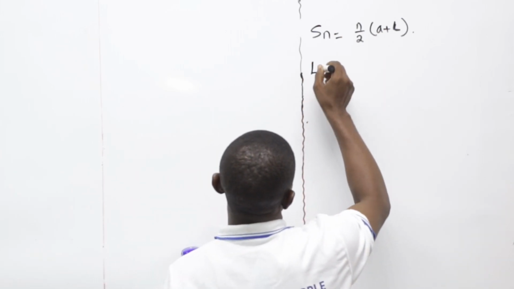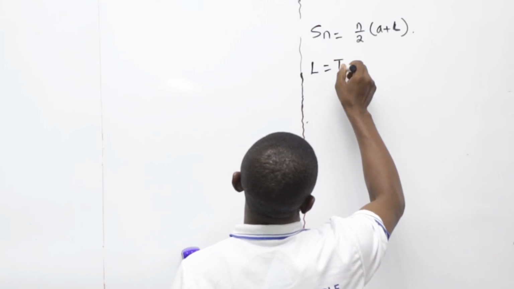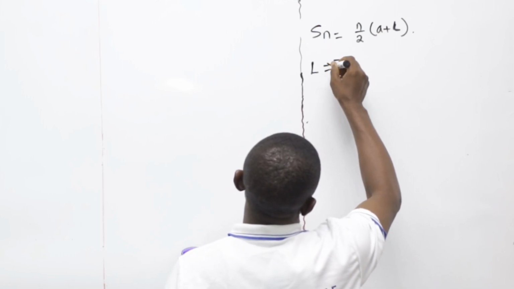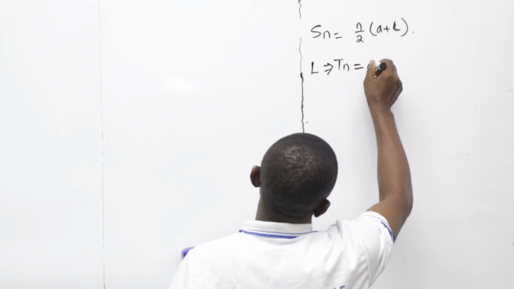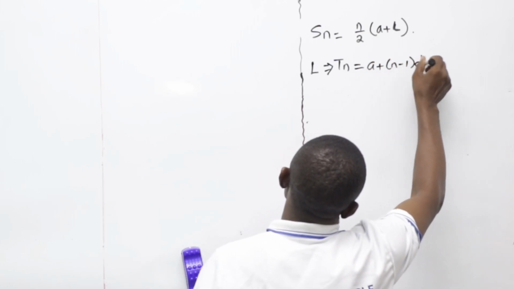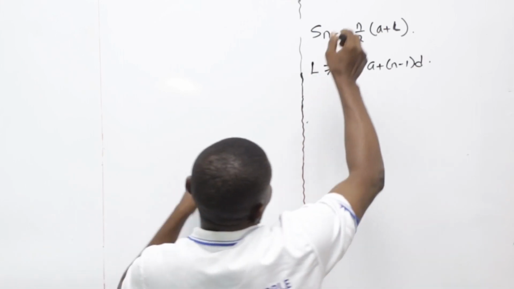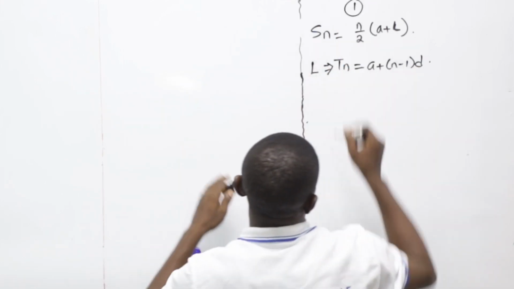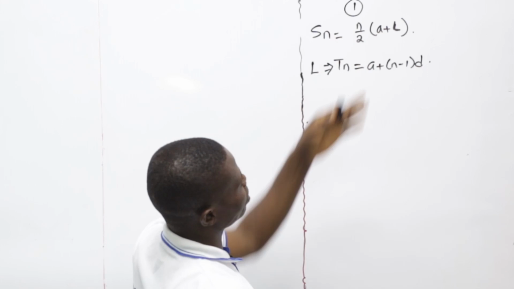Wherever you see L, recall that L is the same as Tn. L implies Tn equals A plus bracket n minus 1 into D. So the first formula for sum of AP is this.